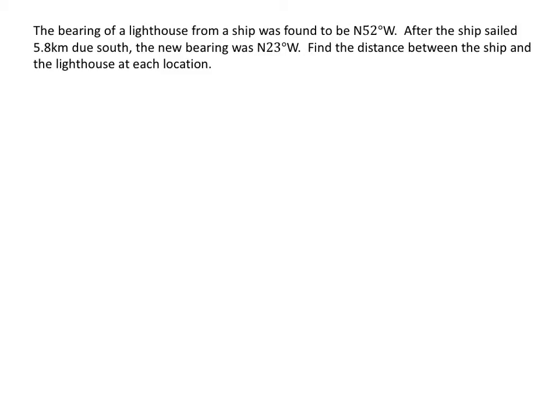This next problem uses bearings as well as needing to use law of sines. So we've got a lighthouse, and the bearing from the ship was north 52 west. So the lighthouse has to be west of the ship. So here's my ship. There's north, and there's my 52 degrees west.